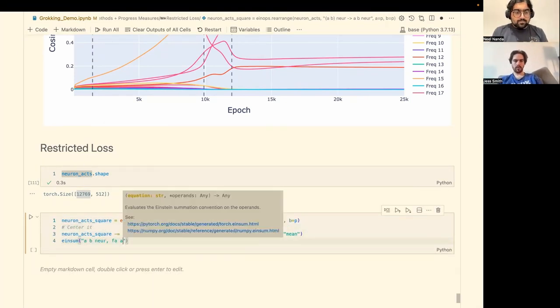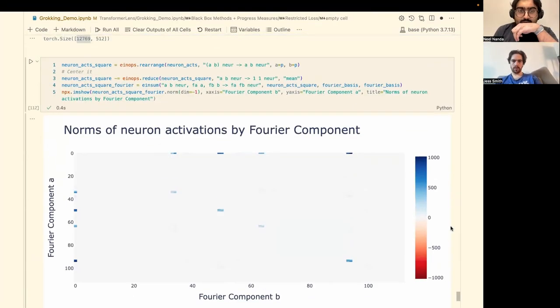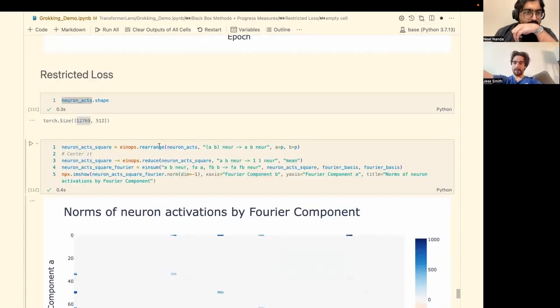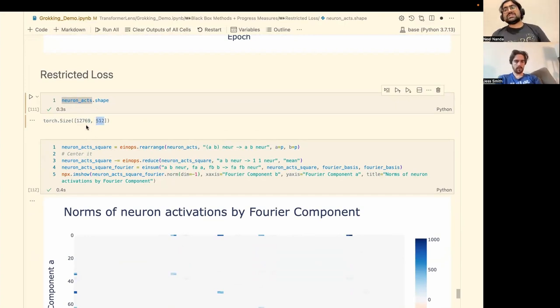All right, so the slightly convoluted code that I've just written is because we can think of the neuron activations as, for each pair of a and b, there's this set of 512 neuron activations, and I'm claiming that you can usefully think about this as having directions in the space of all possible inputs.